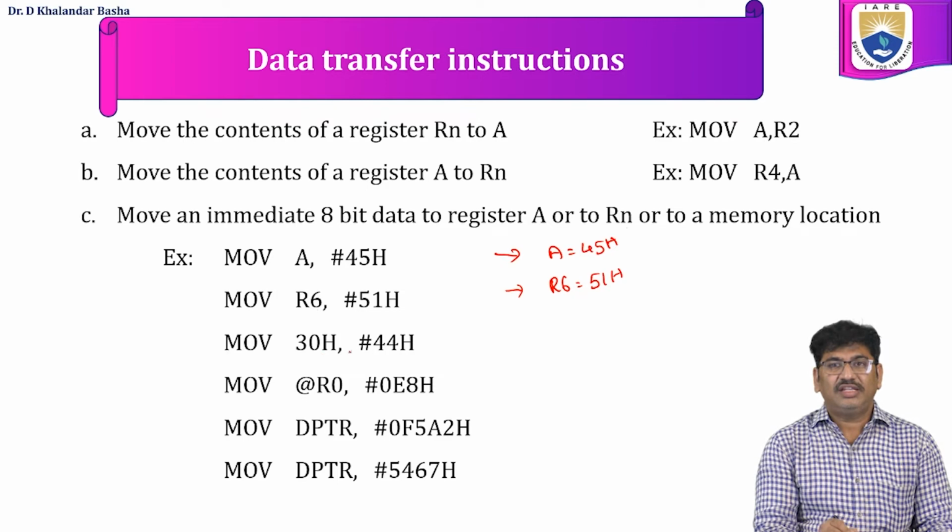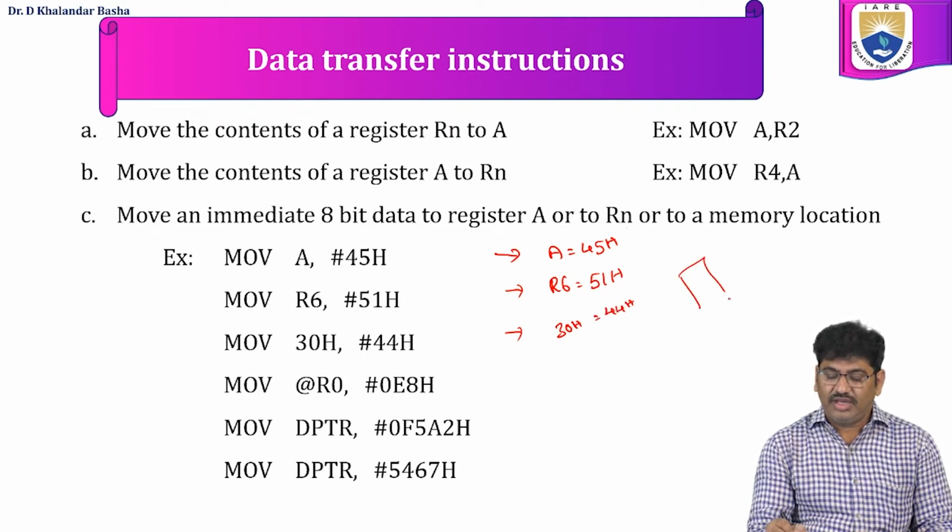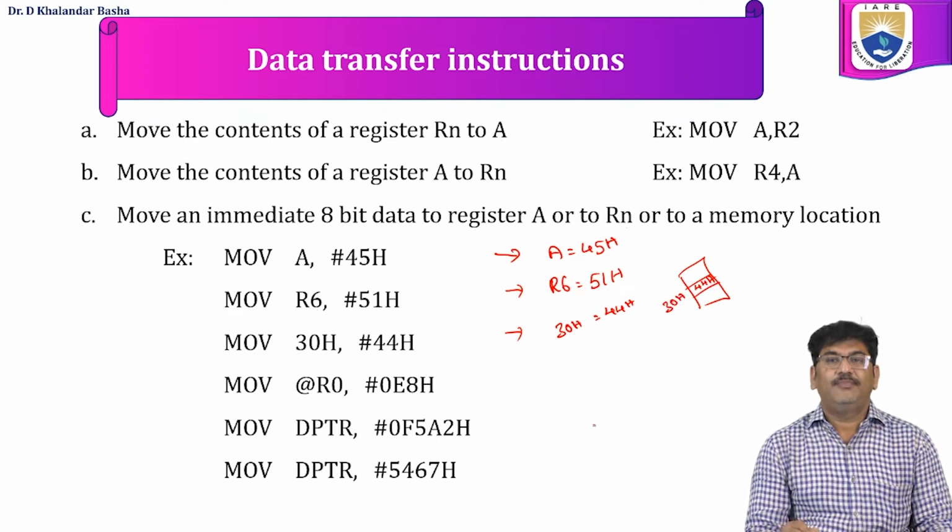MOV 30H, #44H. This instruction will copy the immediate data, which is 44H, into the memory location 30H. So somewhere here we have the memory with the address 30H. Into this, the 44H will be loaded.